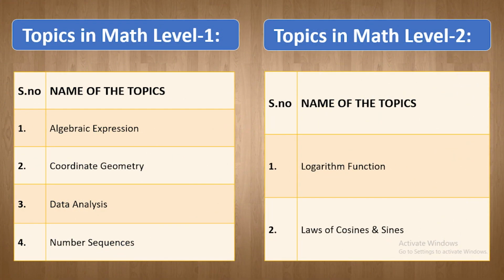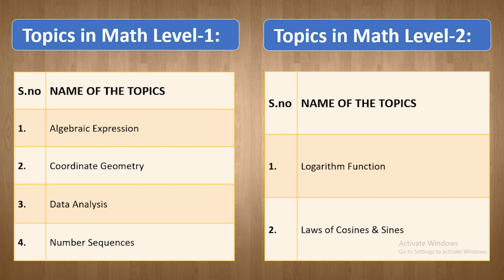So what is the difference between SAT Mathematics Level 1 and Level 2? The major difference between SAT Mathematics Level 1 and Level 2 exams is that Level 1 contains topics like algebraic expressions, coordinate geometry, data analysis, and number sequences.